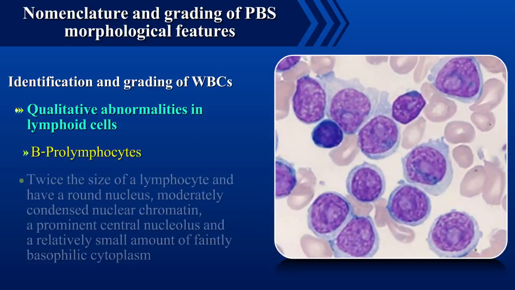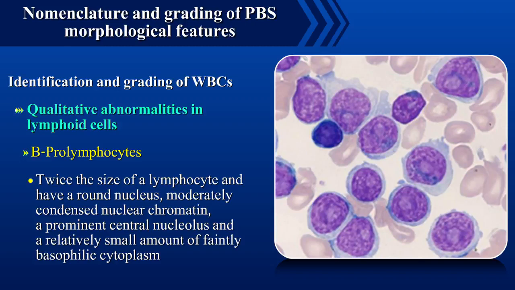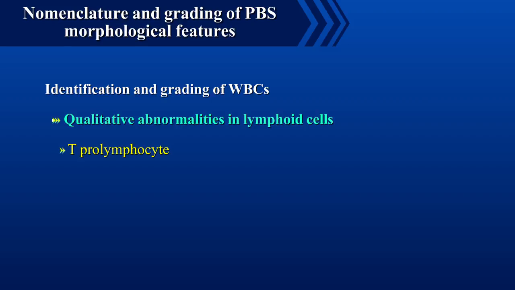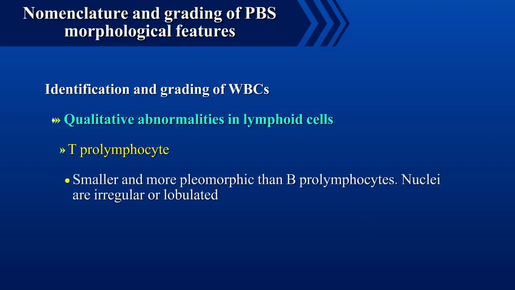B prolymphocytes are twice the size of a lymphocyte and have a round nucleus, moderately condensed nuclear chromatin, a prominent central nucleolus, and a relatively small amount of faintly basophilic cytoplasm. T prolymphocytes are smaller and more pleomorphic than B lymphocytes.